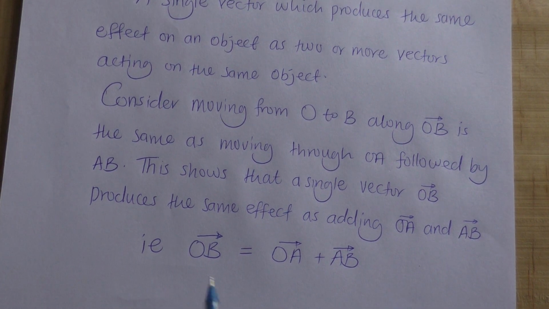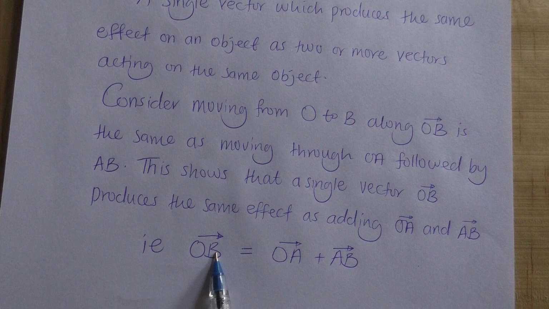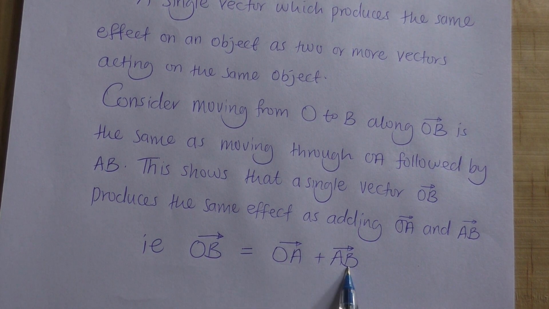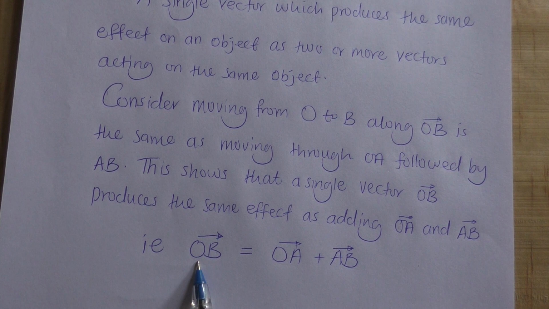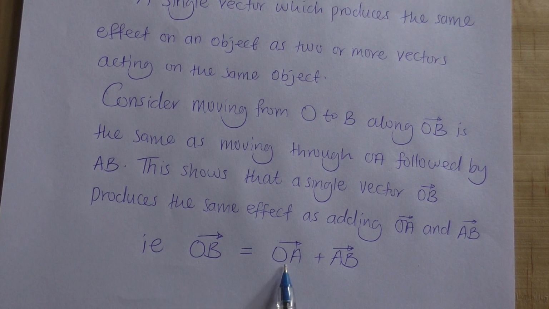That is, OB, which is a single vector, has the same effect as these two vectors, OA plus AB. Because when you add the two, you get OB. Meaning, this is a single vector with the same effect as these two vectors.